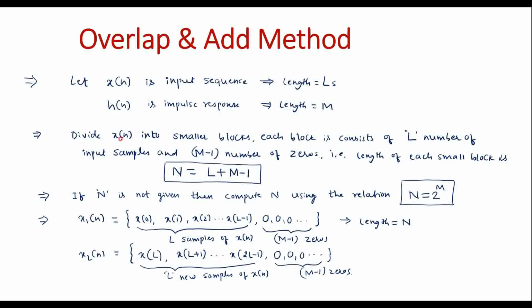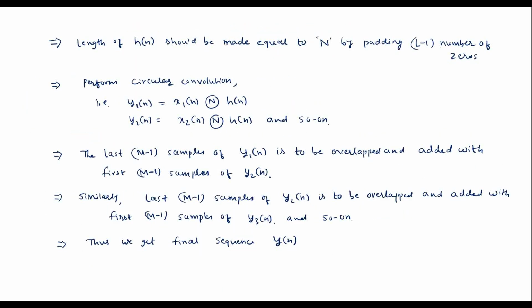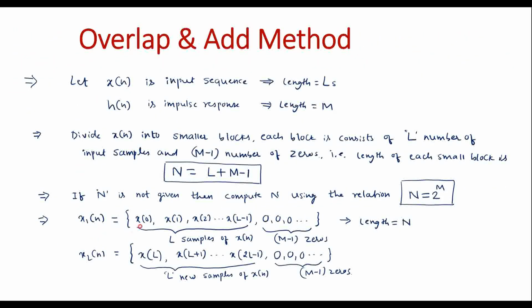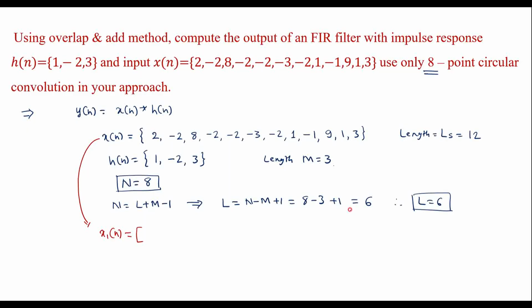So now divide x of n into smaller blocks. We'll divide x of n into x1 of n and x2 of n and so on. I will write the first block. x1 of n consists of L samples of x of n. Here the L value is 6.